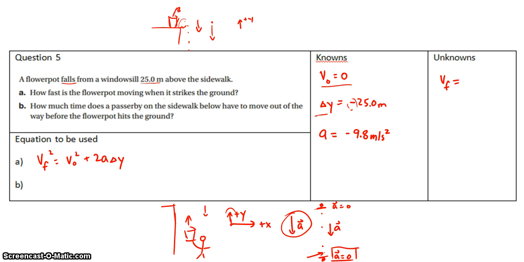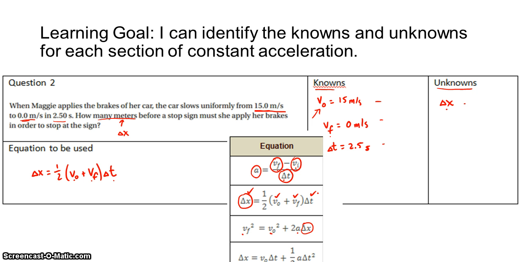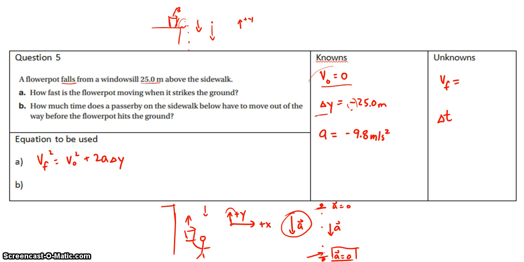How much time does it take? Now we want an equation that has 1, 2, 3, and 4 of these variables.